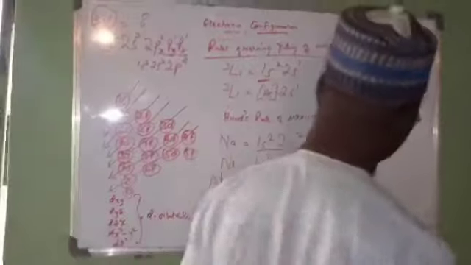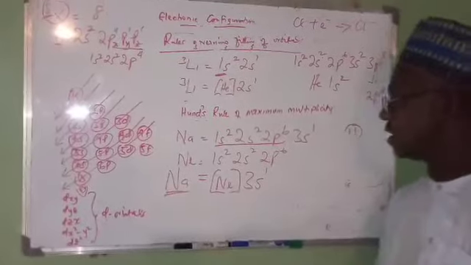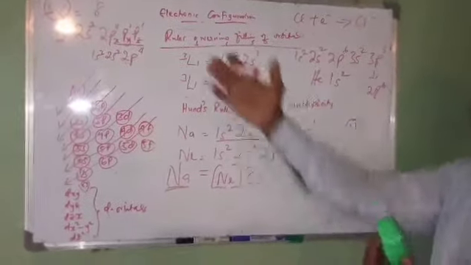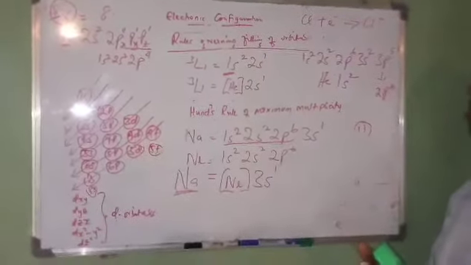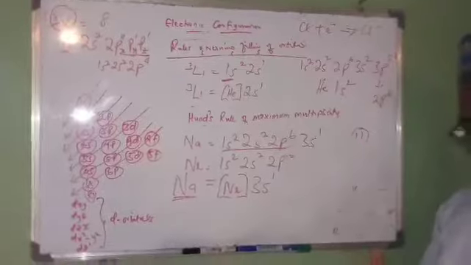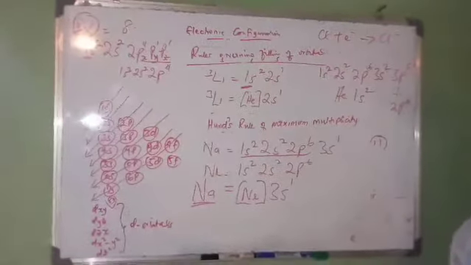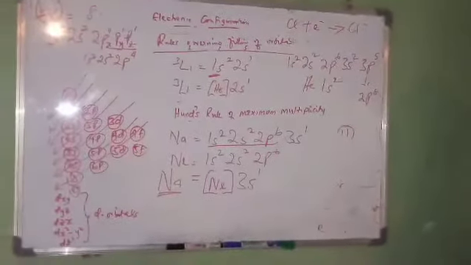So that is that. And I think with this, we can write some of the electronic configurations of elements. All we need is the atomic number, the number of electrons involved, and we are good.